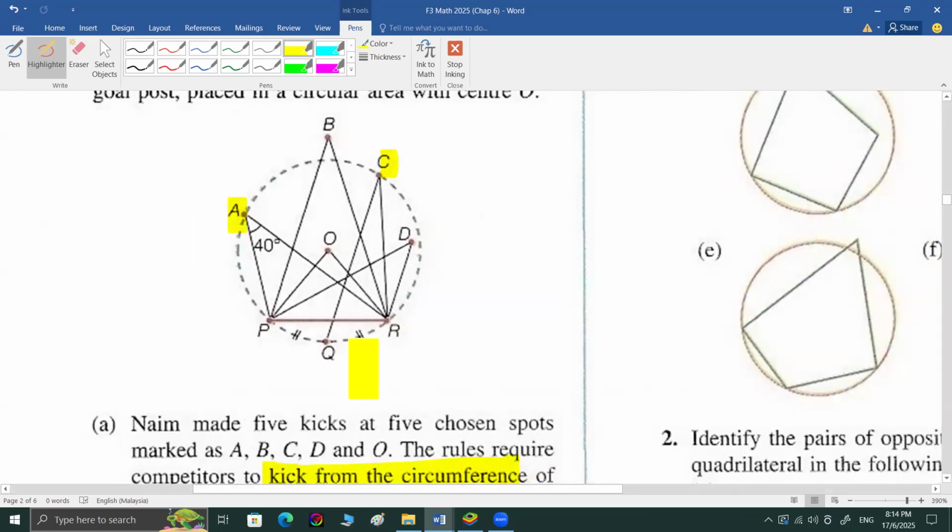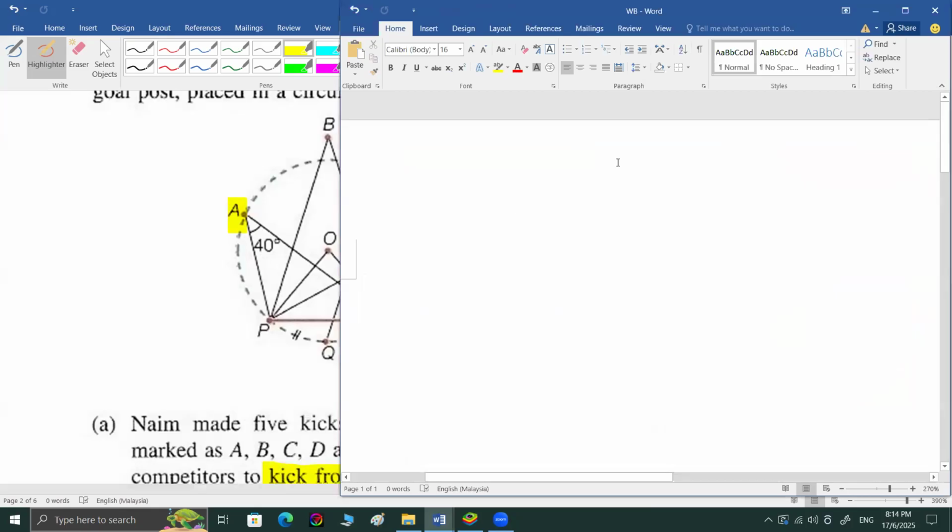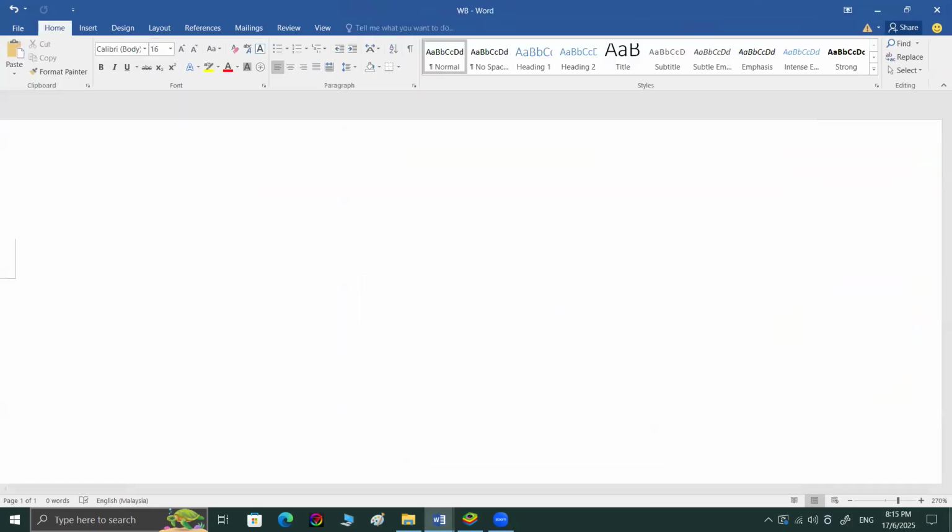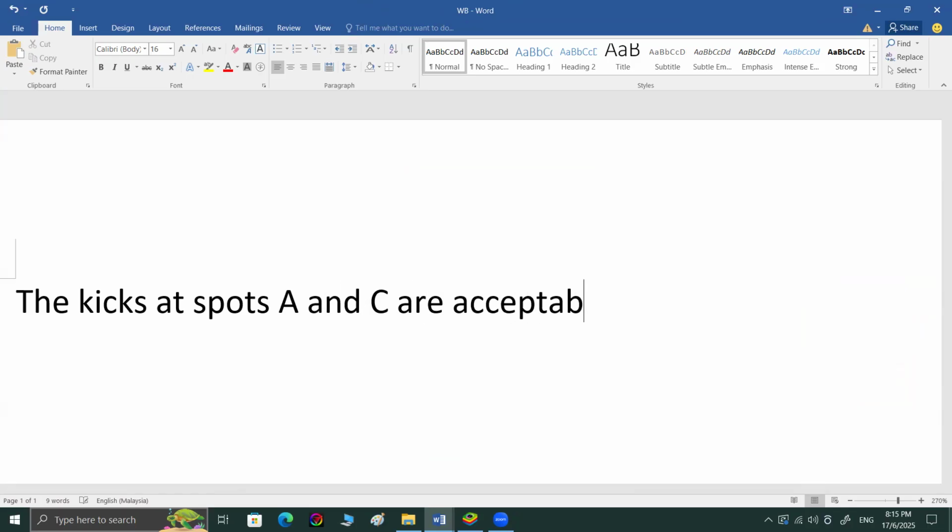Okay, you tell, the kicks at spots A and C. Like right now, wait, I show you. Yeah, you just tell like this. Acceptable. Okay, the kicks at spots A and C are acceptable because how? They are at the circumference, okay? They're at the circumference.